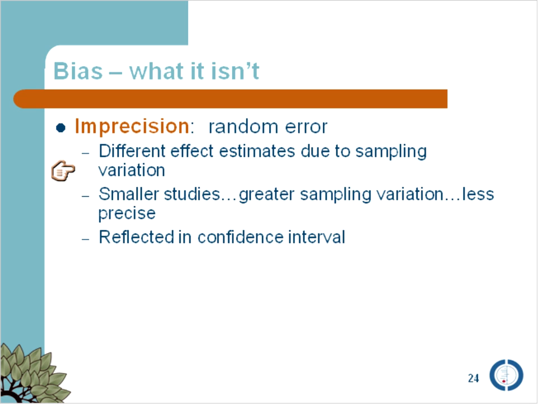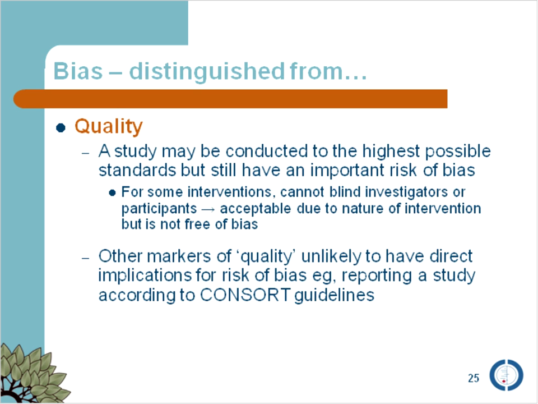This is different from bias, because if you keep repeating the studies using larger sample sizes, you get a better sense of the treatment effect with more information. With an important bias at play, repeating those studies, no matter how large you make them, will not show you what the true effect is, because of the way they've designed the study.